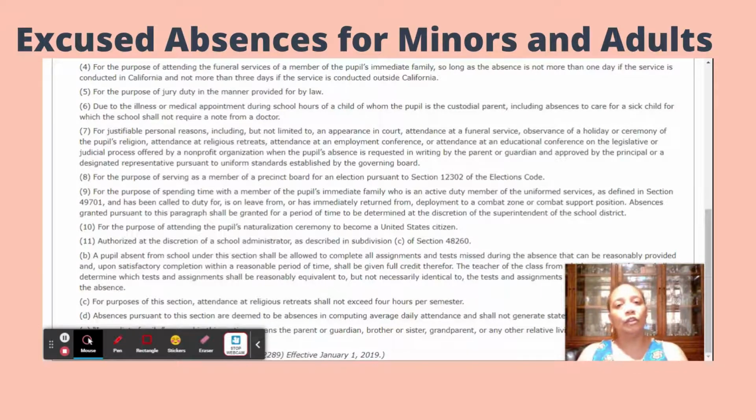Where it gets a little tricky is with independent study programs, where with adults, if the adults don't come to school for 10 days consecutively, then we as teachers have to make the decision of withdrawing the student from class.